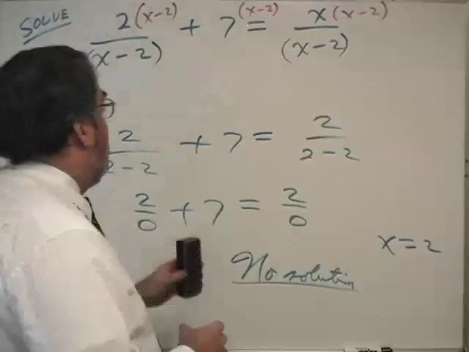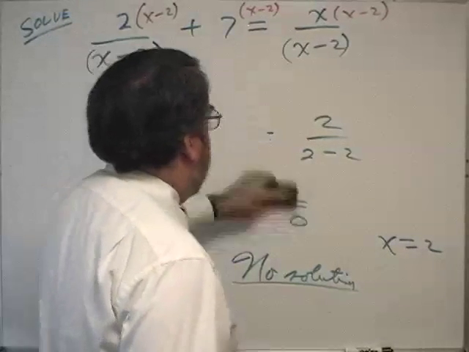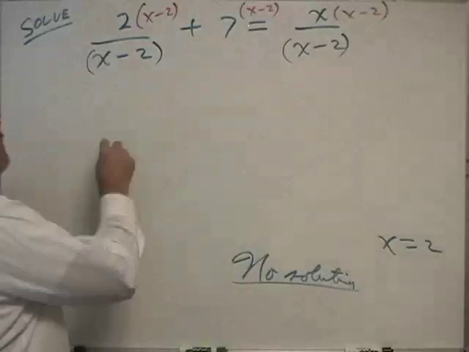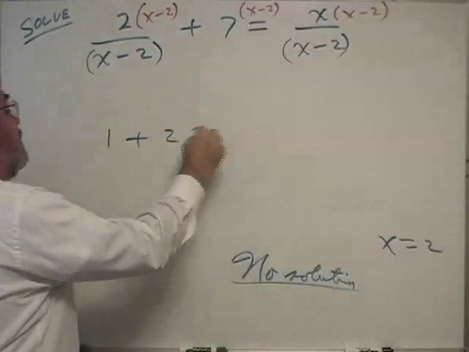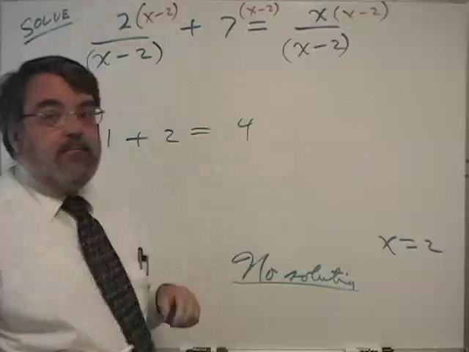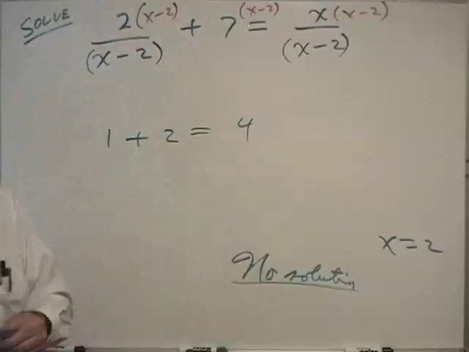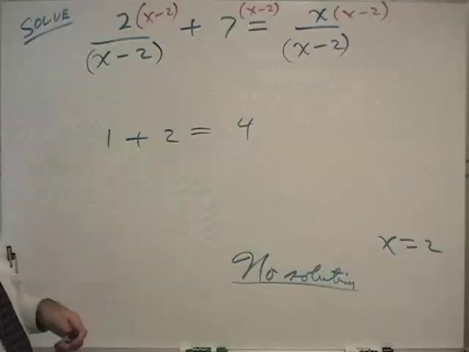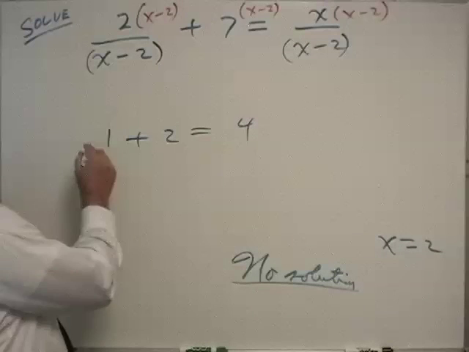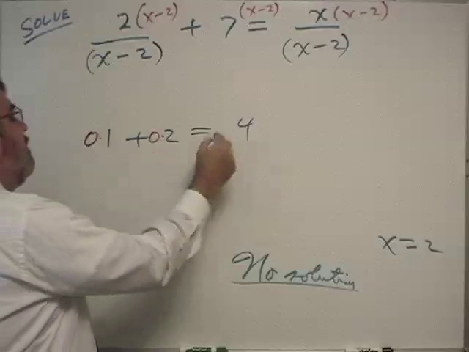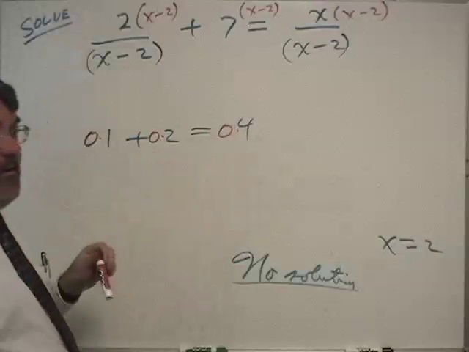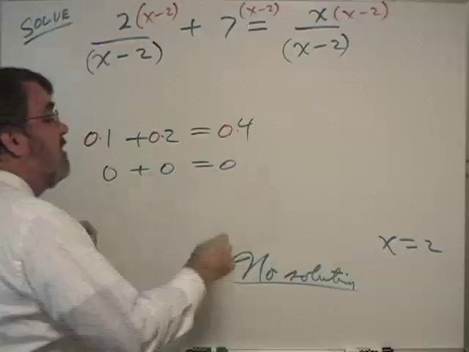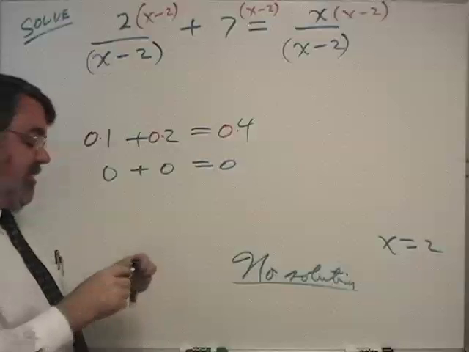Let me give you a quick example of that. 1 plus 2 equals 4, right? Everybody knows that's obviously bad. Well, if I took this equation and multiplied each term by 0, then I would get 0 plus 0 equals 0, which is obviously correct.